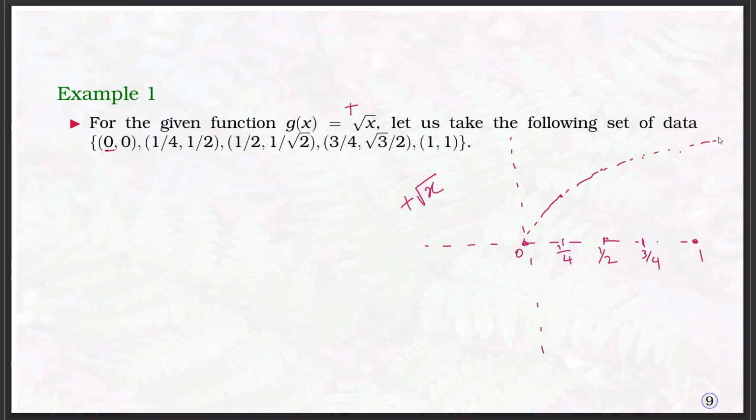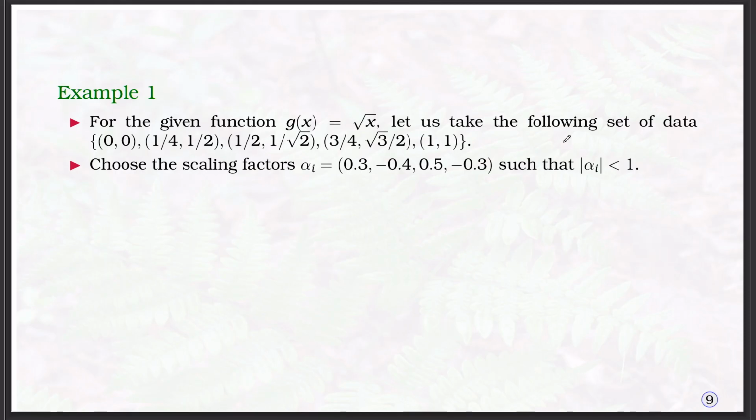Now this is our G of x given here, and this is the data point. Now if you choose the proper alpha I, and the function in the form of G of x minus alpha I times B of x, we need to choose this base function. For the base function, choose the scaling factors as 0.3, minus 0.4, 0.5, minus 0.3.